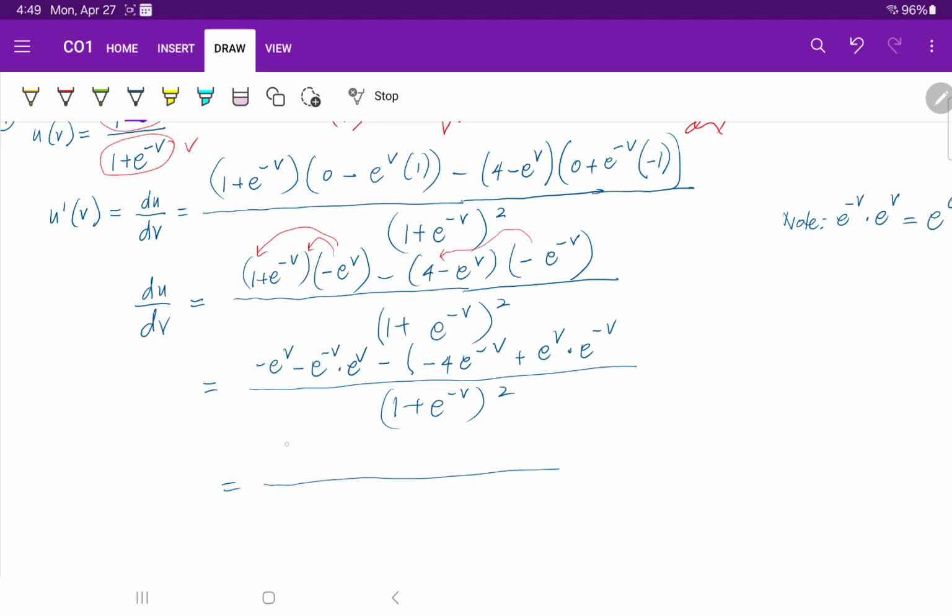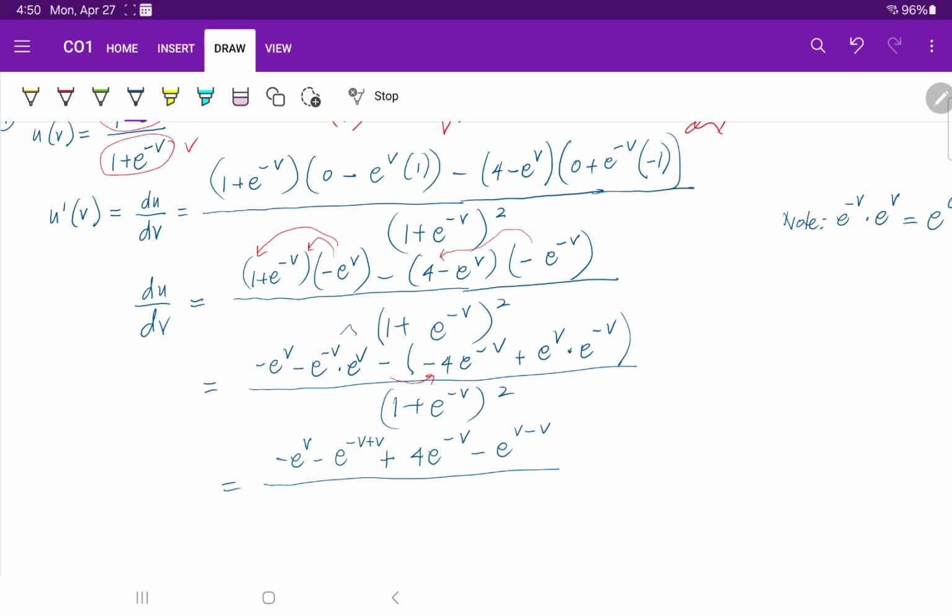Again, as I mentioned, if you multiply these two, it gives you e to the minus v plus v. Minus, distribute the negative sign. If you distribute, this becomes positive 4 e to the negative v minus e to the v minus v.